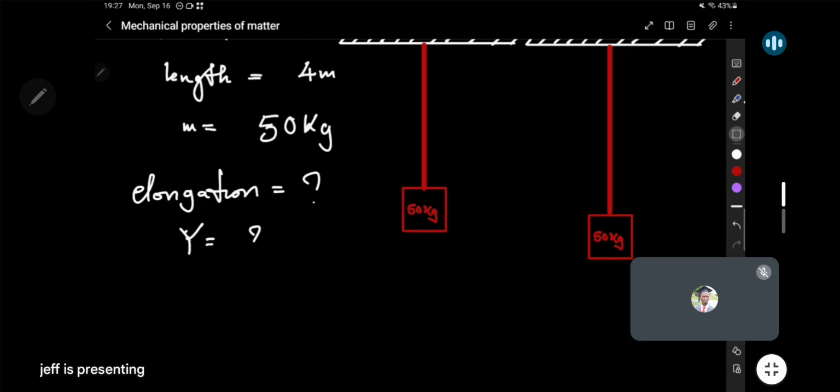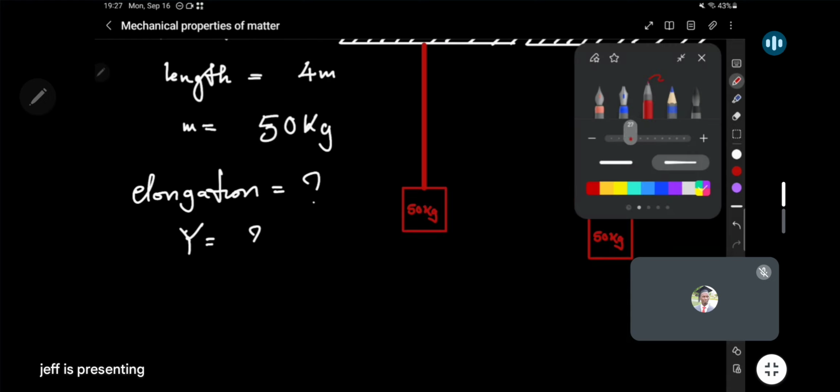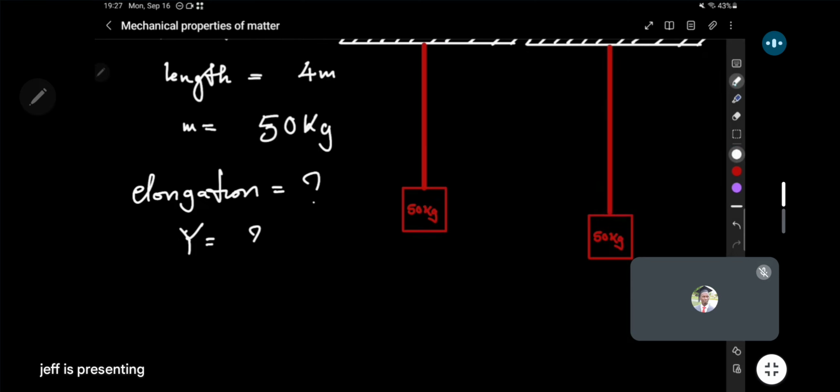So we see that now when we try to check how the initial length compares with the original length, we see that the length has changed. There is this slight extension that has occurred. This is the elongation that they want us to find. Let's take it as change in x.